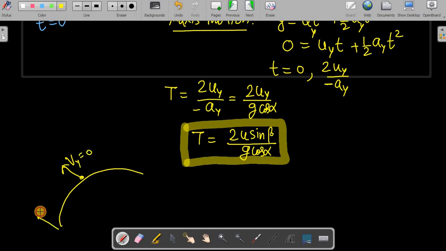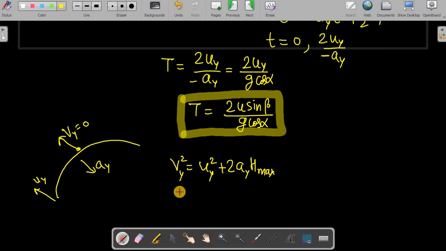The initial velocity along the y-axis is this uy, and the acceleration is in this direction, a1. So let's apply this: v square is equal to u square plus 2a times this Hmax, along the y-axis.